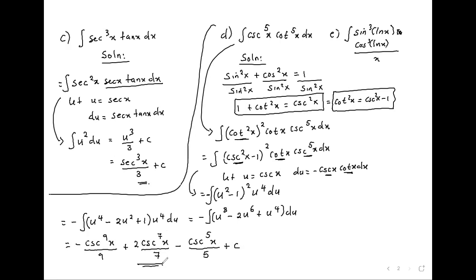What I was doing is, because I know I'm integrating these u's, I'm just increasing the power and dropping. So as I do that, I'm writing the actual u in terms of x.